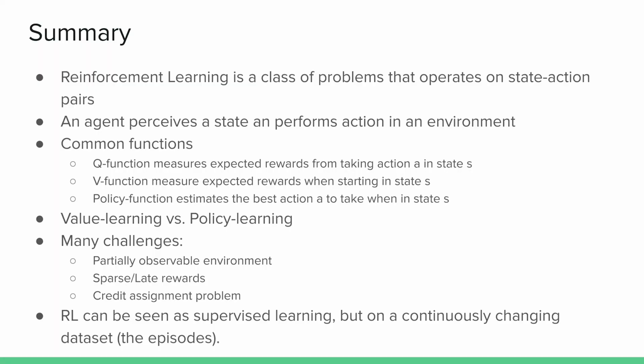So whatever action we take might only have an effect far into the future. And if we don't know which action led to a certain outcome, it can be really hard to assign credit to certain parts of the action sequence that we took. So this credit assignment problem is really, really challenging.